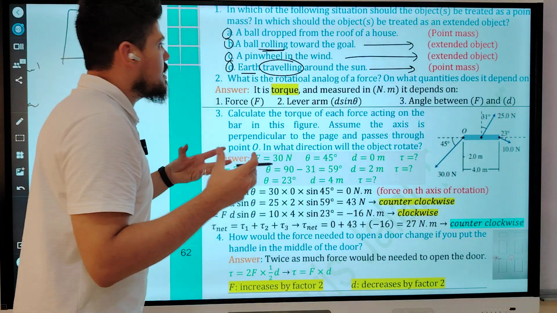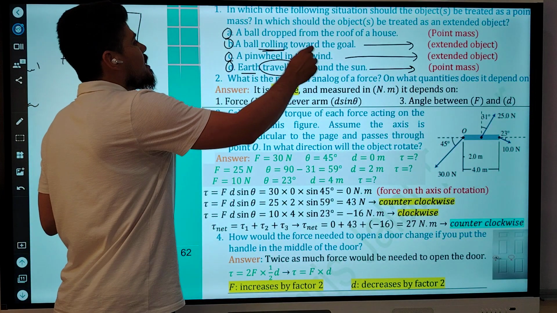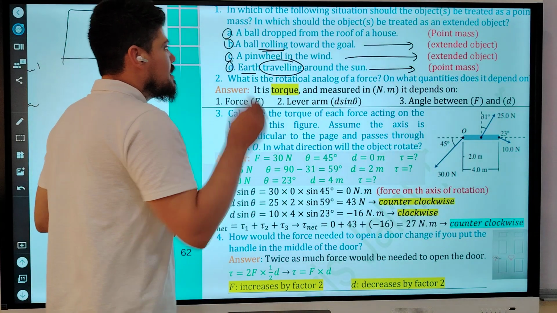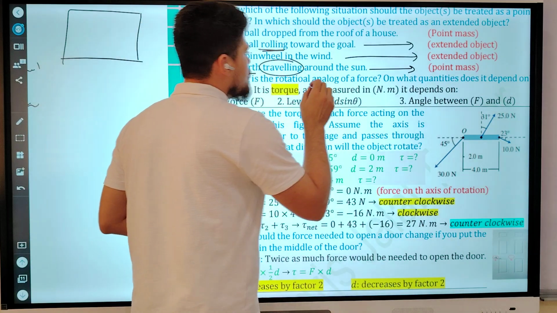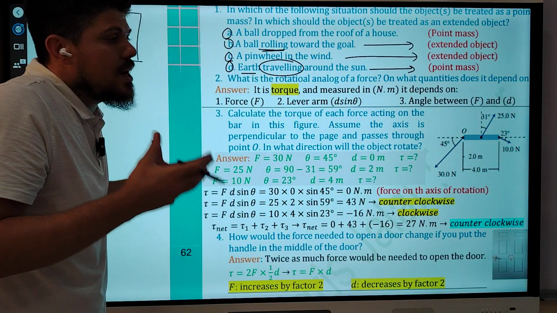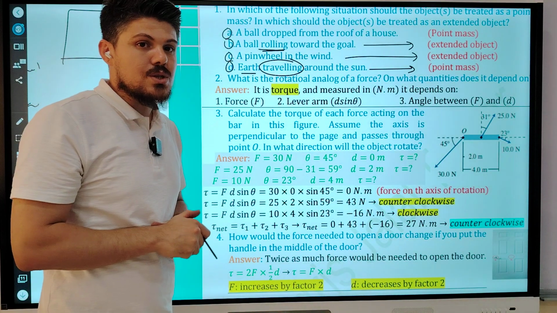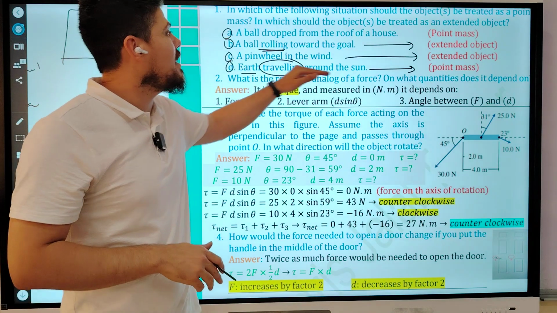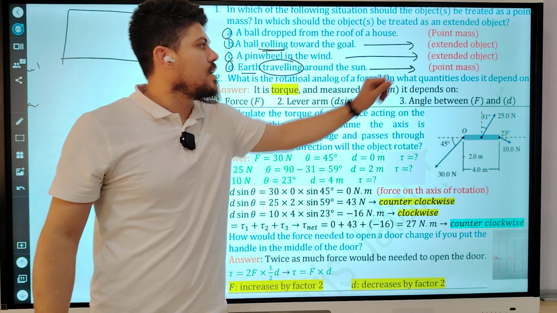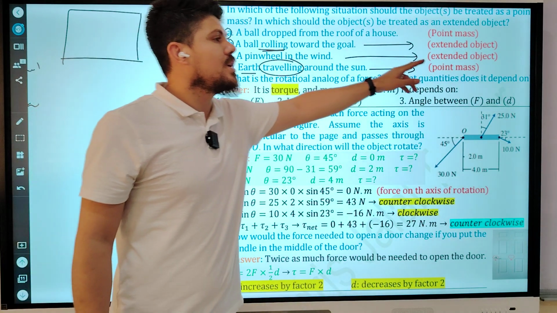But if the question says earth rotating around itself, the earth becomes what? An extended object. But in the case of traveling, you have to say earth is treated as a point mass.